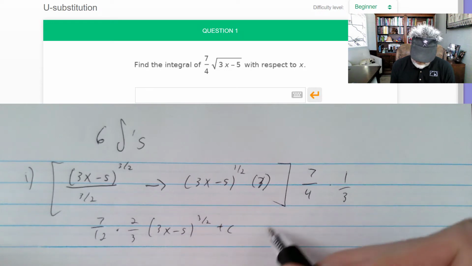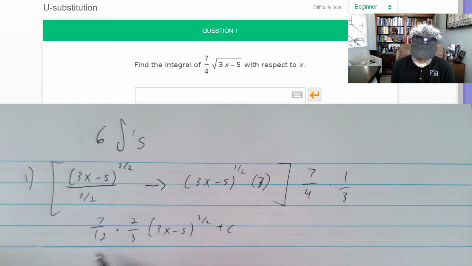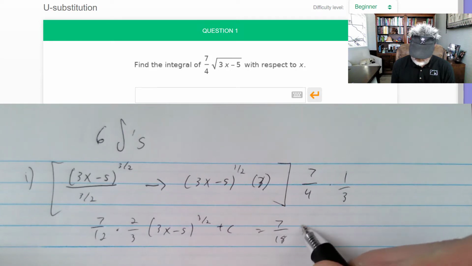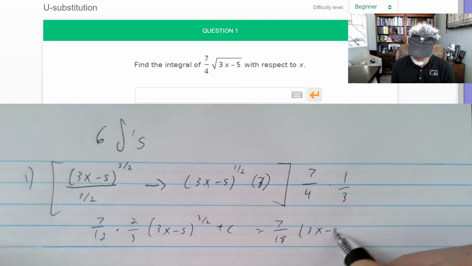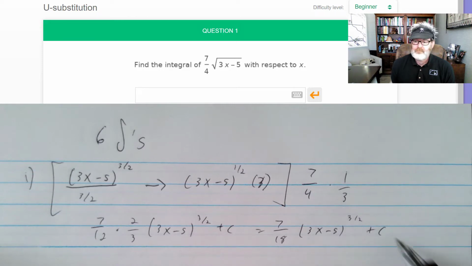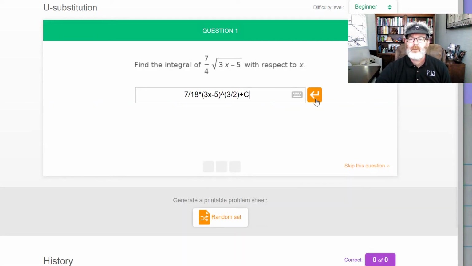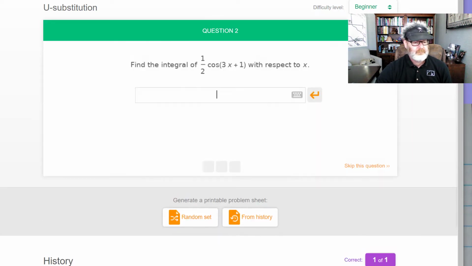Put plus c, and then if I simplify, it looks like it's 7 over 18. So let's try that. Correct.